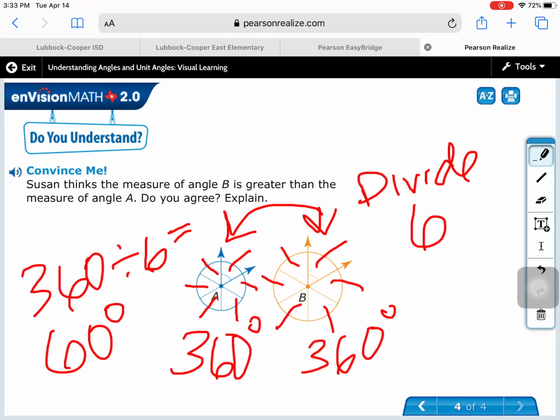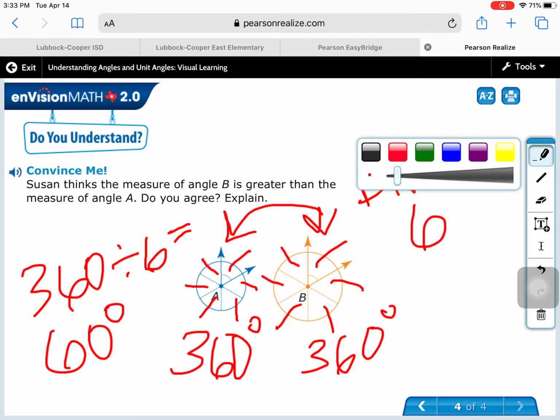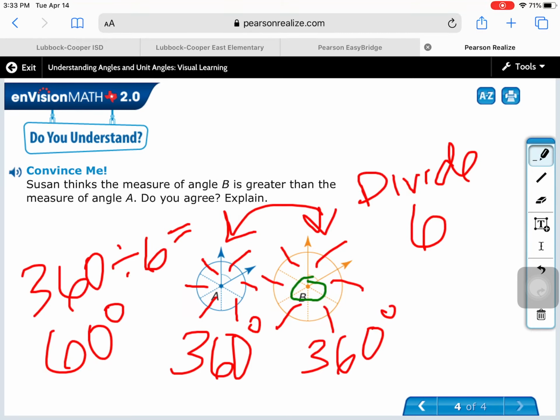So let's read the question again. Susan thinks the measure of angle B, she's looking here at angle B, is greater than the measure of angle A. Do you agree? Well, based off the work we just did, we just proved that angle A and angle B both equal 60 degrees. Even though this is a larger circle, they both have 360 degrees inside of them.